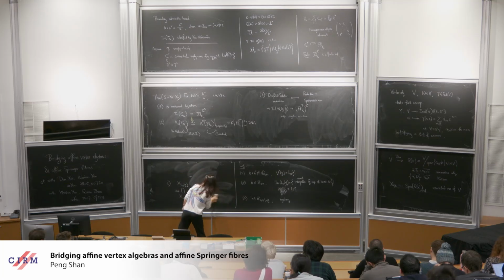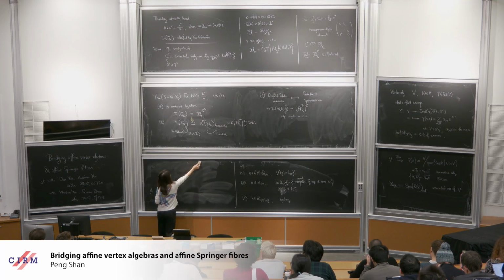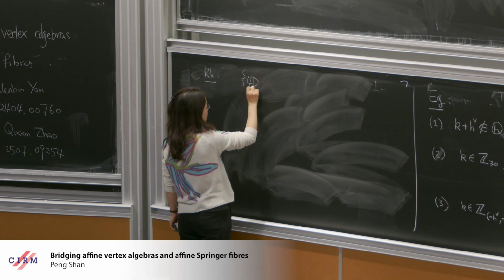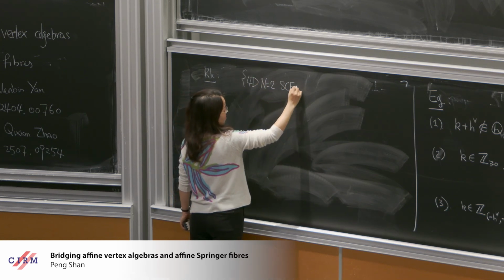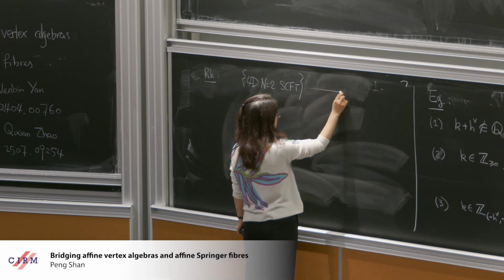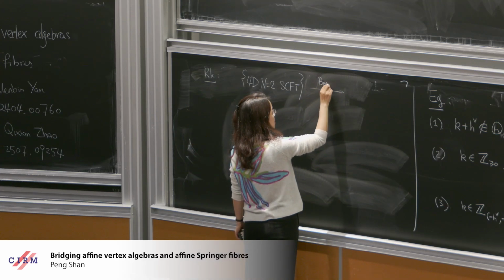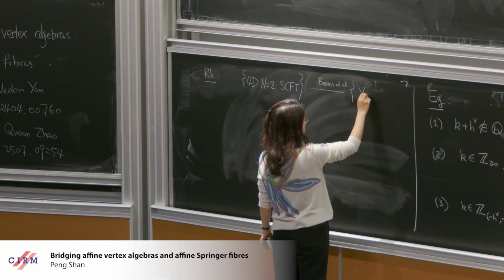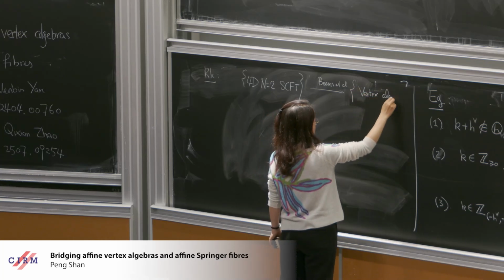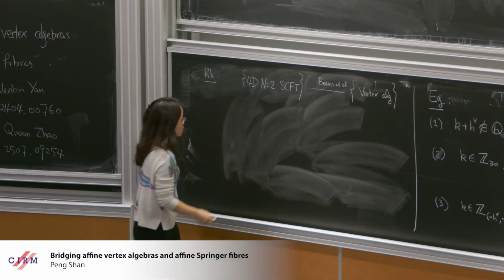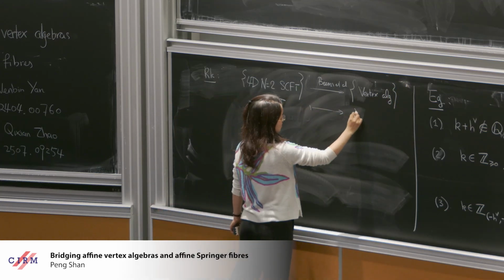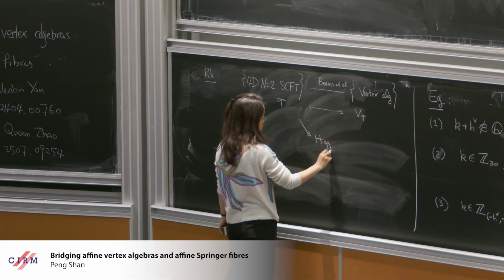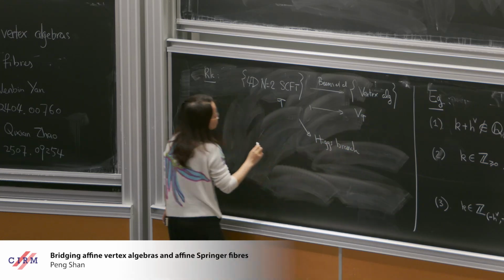So maybe a remark: for any 4D N=2 superconformal field theory, there is a work by a group of physicists and others, where to each such theory they attach a vertex algebra V. Each such theory has a so-called Higgs branch and a Coulomb branch.